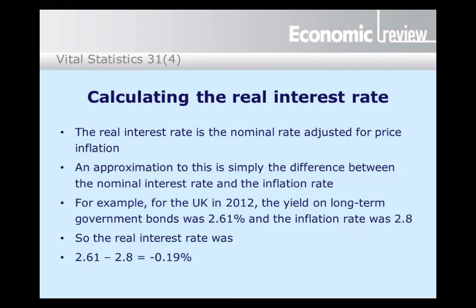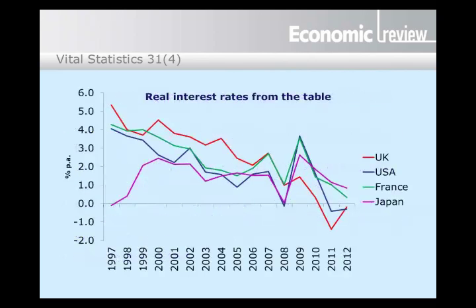If we now do that for each of the countries and plot the results on a graph, and you'll notice I've added France in here for a bit of added content, what we find is that there are some common patterns but also some differences.